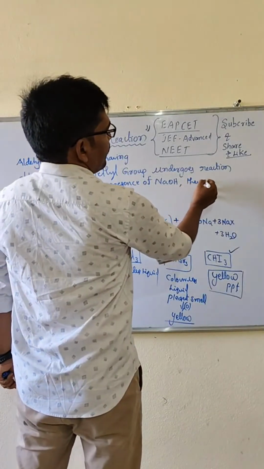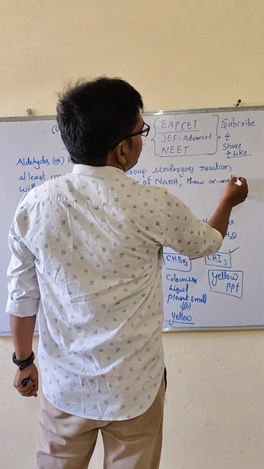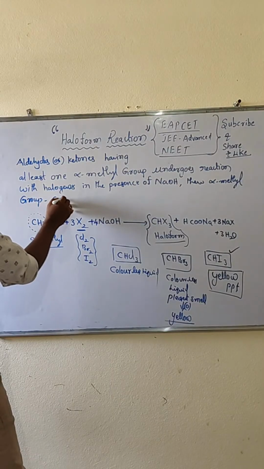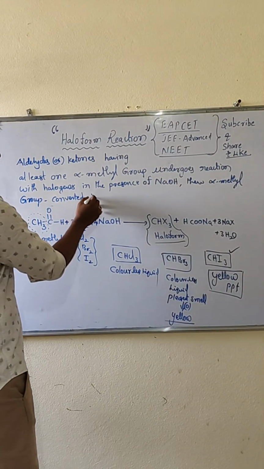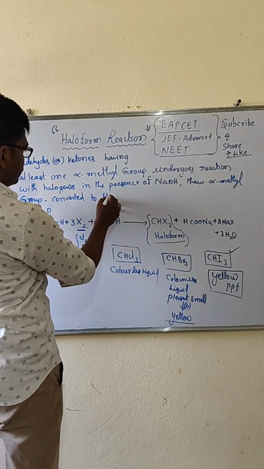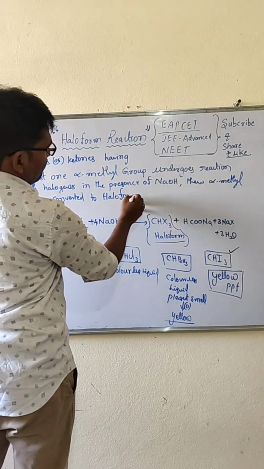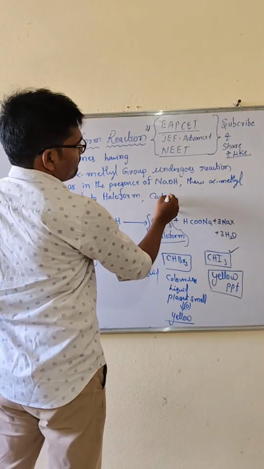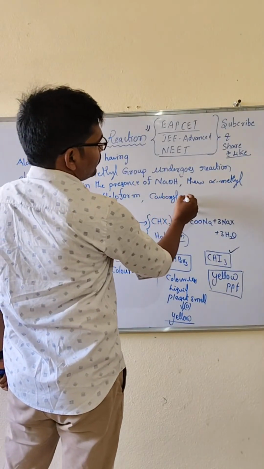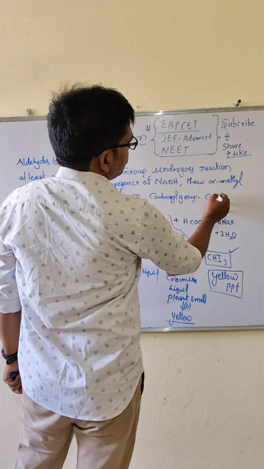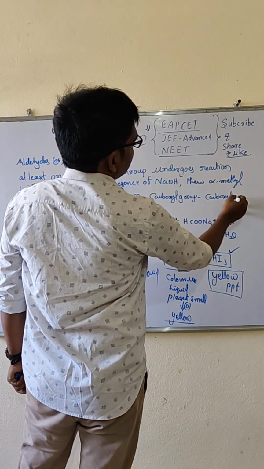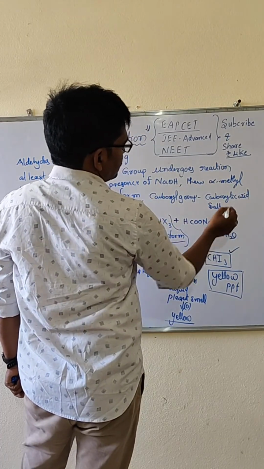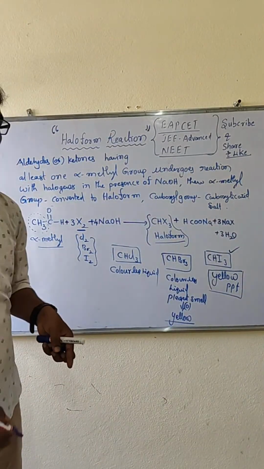Then the alpha methyl group is converted to haloform, then the remaining carbonyl group is converted to carboxylic acid salt. So this is the statement of the haloform reaction.